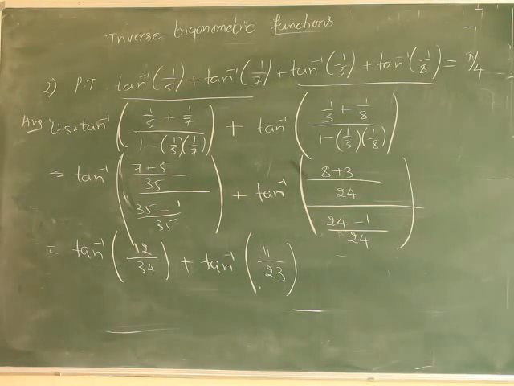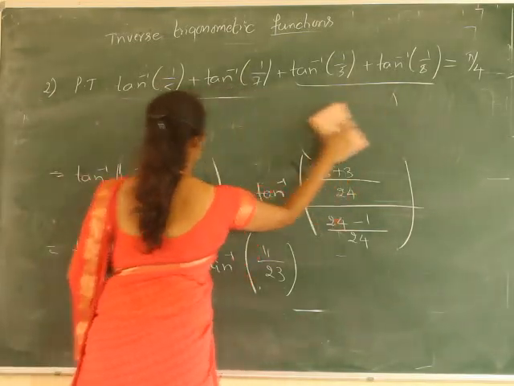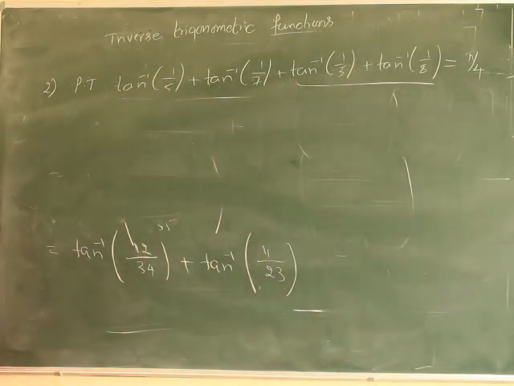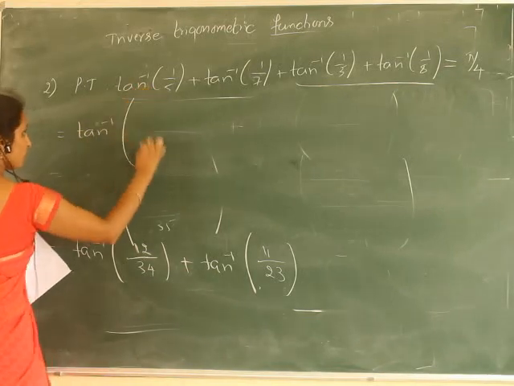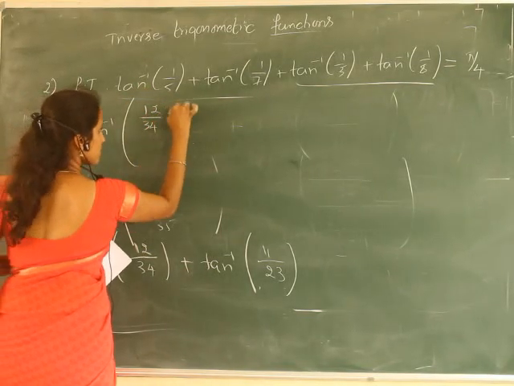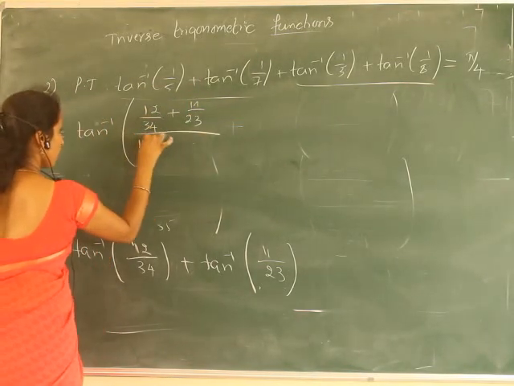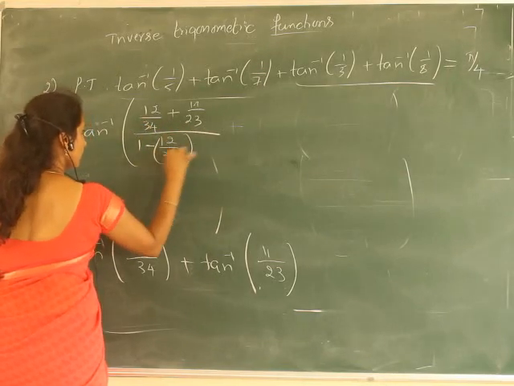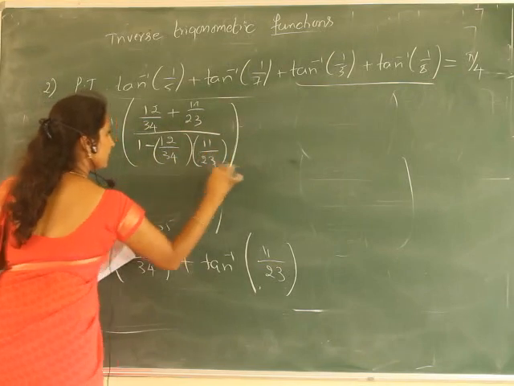Then again use the same formula. So from the formula this is equal to tan inverse of (12 by 34 plus 11 by 23) whole divided by (1 minus 12 by 34 into 11 by 23).